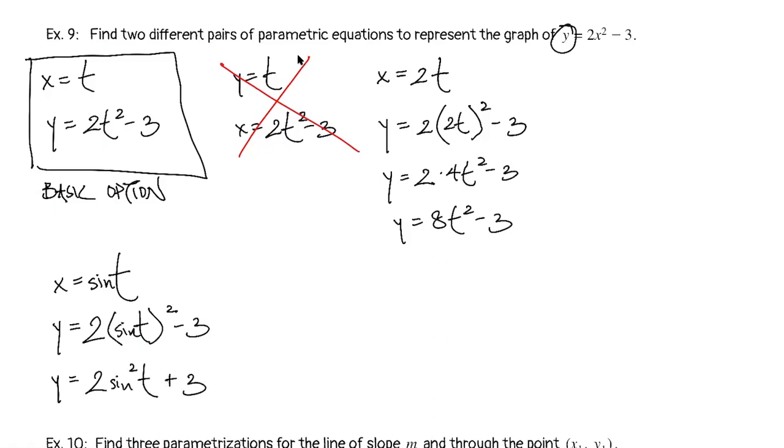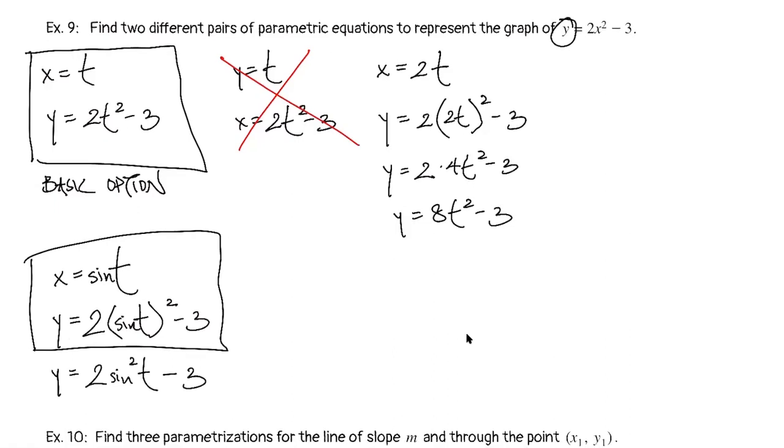But that is a very small detail. The bigger thing to focus on is that whatever you choose for your x, you plug that in wherever the x is in the rectangular equation, and that's it for your y. Why did the 3 go from negative to positive? Sorry, that's supposed to be a minus. Thank you.